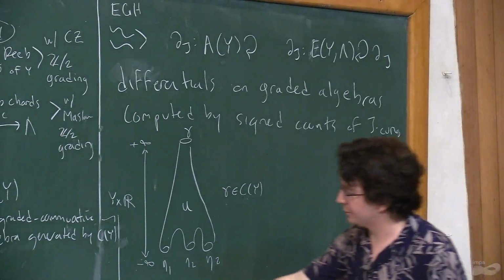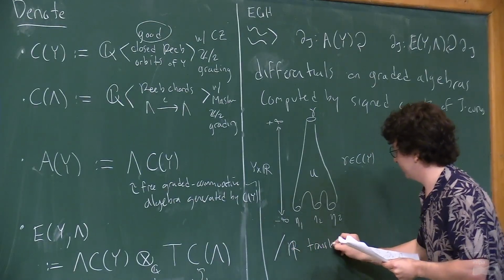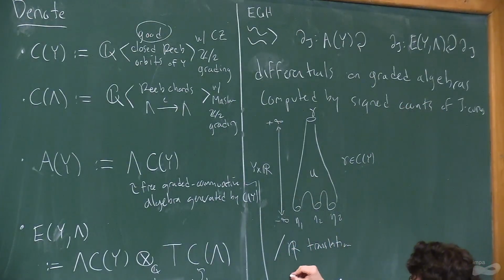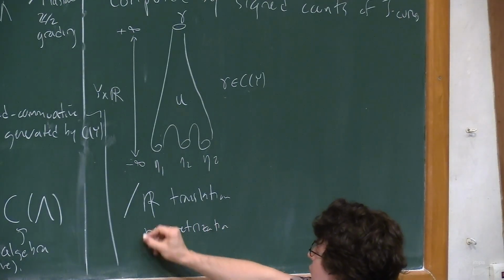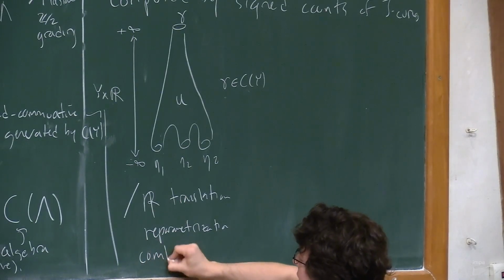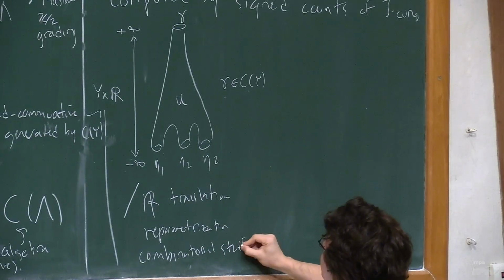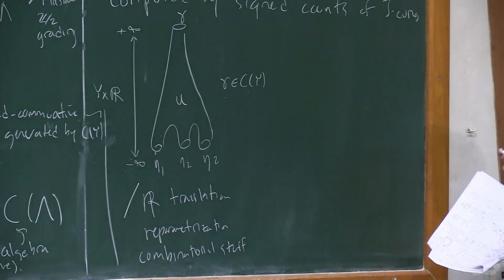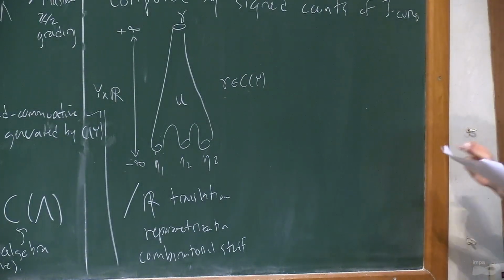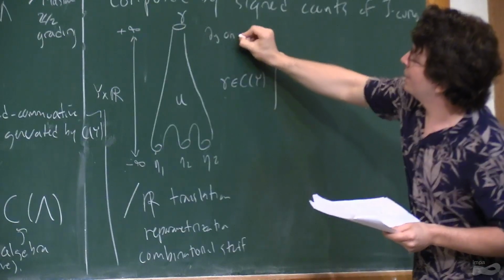You have to quotient by a bunch of stuff: the R translation, and the reparameterization. There are also some combinatorial factors coming from marked points. But anyway, this is roughly the picture. You're counting curves that look like that. This is how you define the differential on A of y.